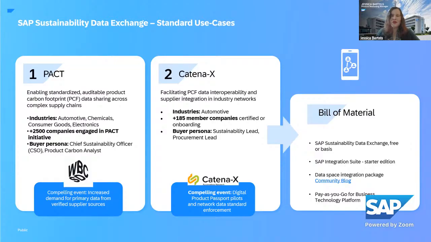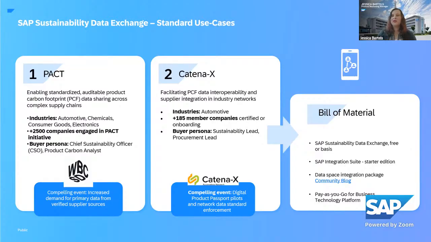A second use case is Catena-X. So Catena-X is the industry initiative for the automotive industry. There are over 185 companies already certified for Catena-X, and SDX provides the members of Catena-X also the exchange of the product carbon footprint data within the secure network.